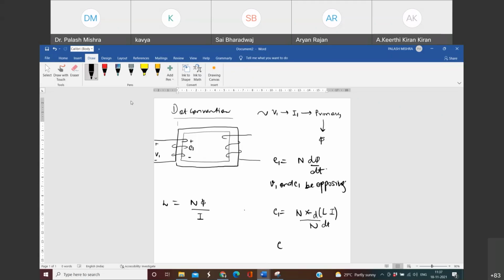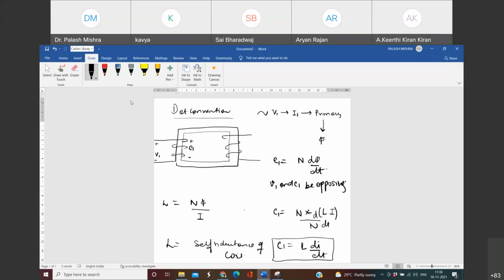So this reduces to E1 equals L di by dt. That is why such a formula comes in the inductor, where L is the self-inductance of the coil. You got this? Yes or no? You must know this from first year classes.